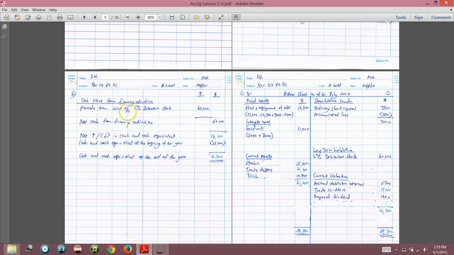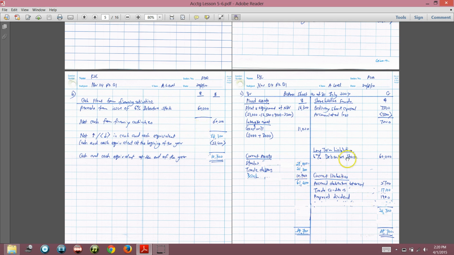Okay, under cash flow from financing activities, proceeds from issue of 6% debenture stock. This is money coming in from financing activities. In the previous lesson, I explained to you all these shareholders, debenture holders, banks giving loans to the company. These are the so-called people who are financing the company.